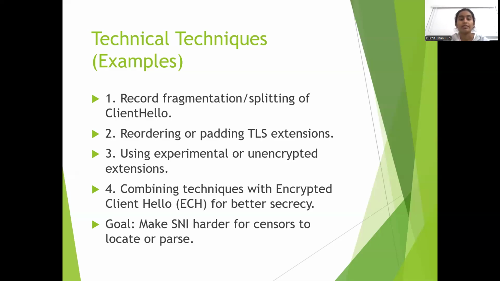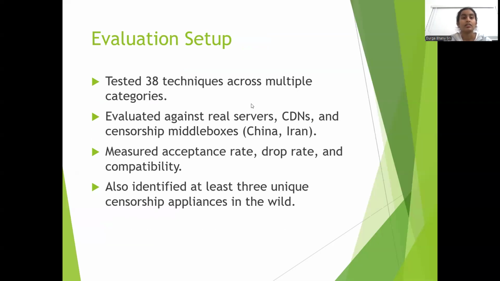And then emphasize constraints: they must still be accepted by real servers and not immediately rejected by middleboxes. And then the evaluation setup outlines the empirical evaluation methodology: a catalog of 38 candidate techniques grouped into 11 categories, tested for acceptance against major TLS servers, CDNs, or popular hosting setups.